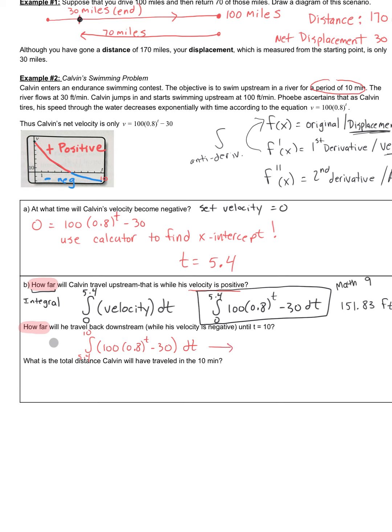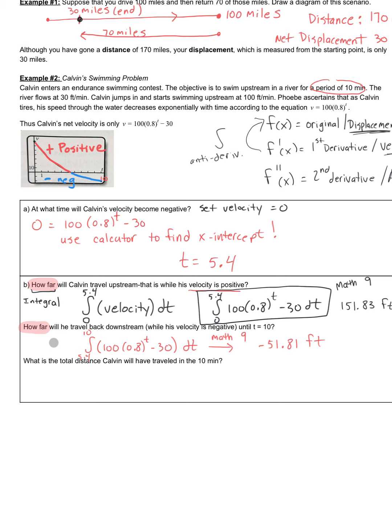All right, so let's Math 9 this guy. So again, you do that on your calculator. I am getting negative, and we should get negative because it's below, so we should get a negative answer. So I'm getting negative 51.81, and that of course is feet. So again, if our graph is above the x-axis, this area right here is positive.